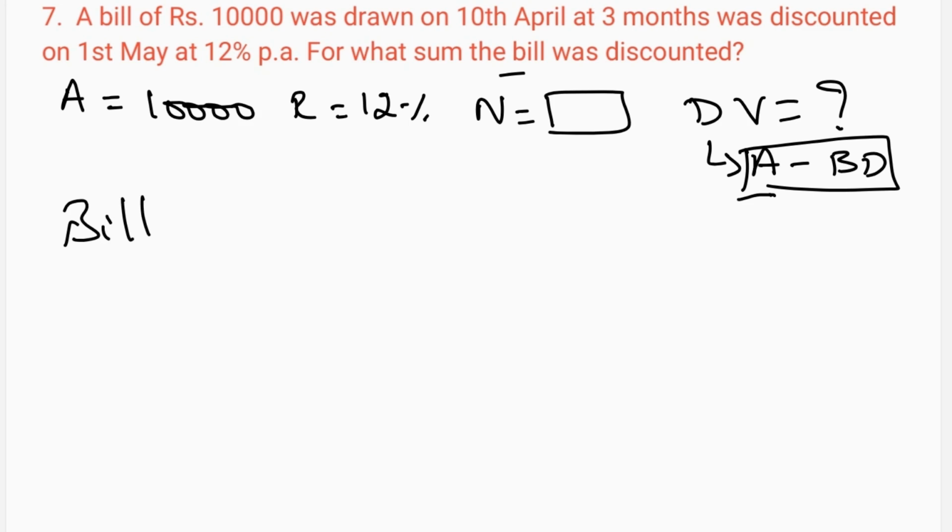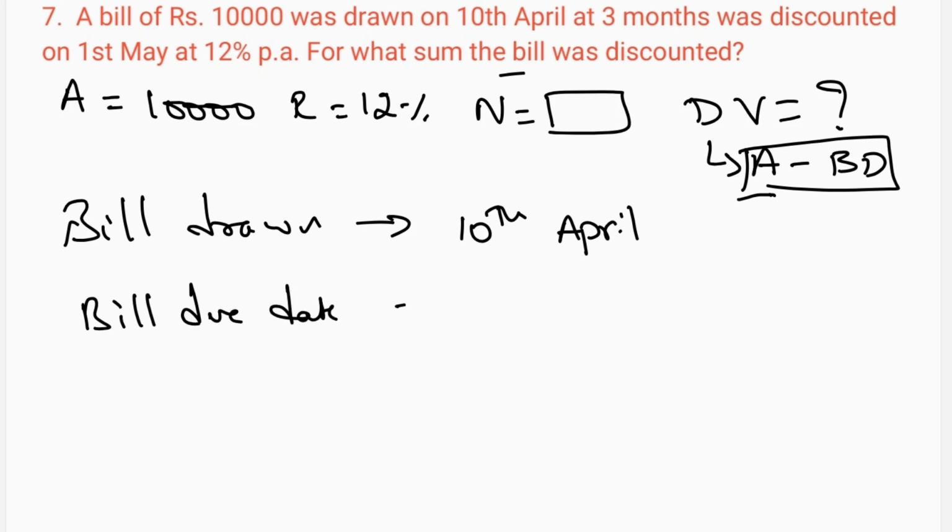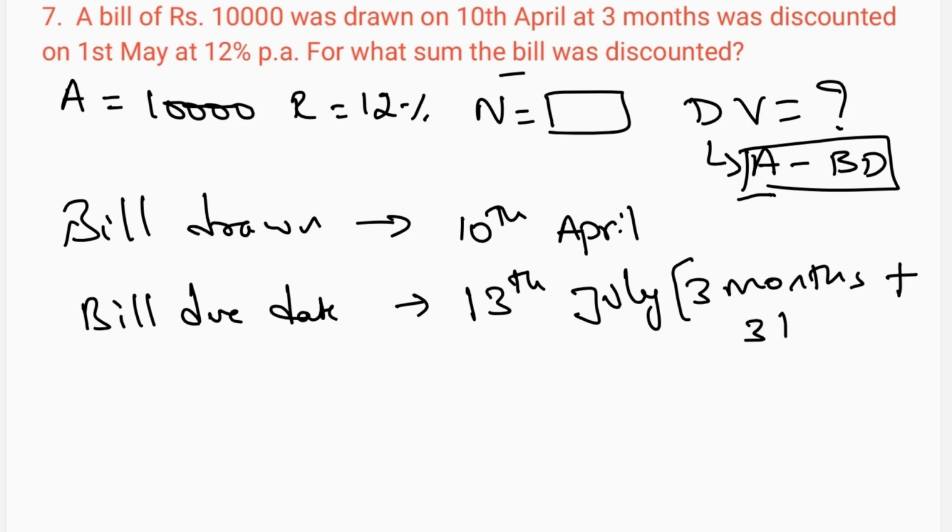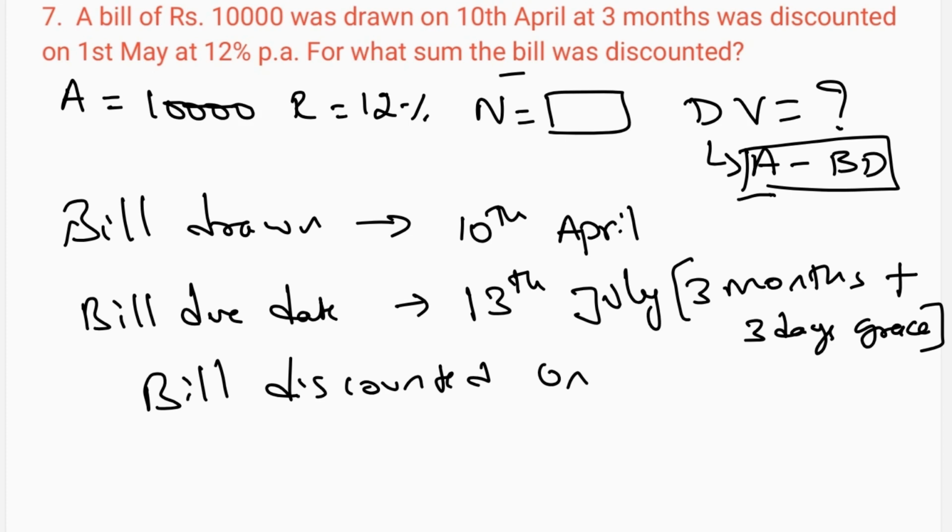The bill was drawn on 10th April, so the due date: it was taken for 3 months, from 10th April to 10th May, 10th June, 10th July, plus 3 days of grace, so that will be 13th July. And the bill was discounted on 1st May.